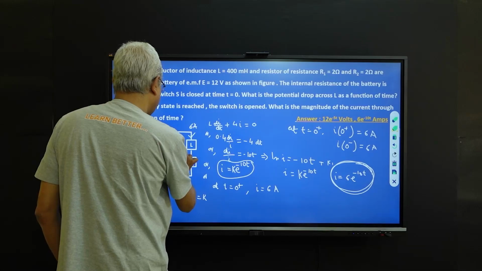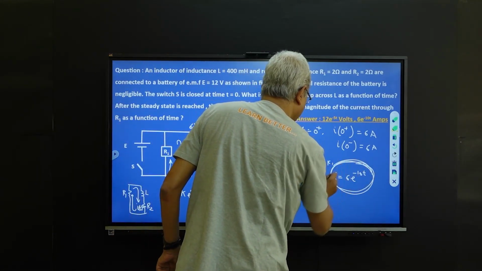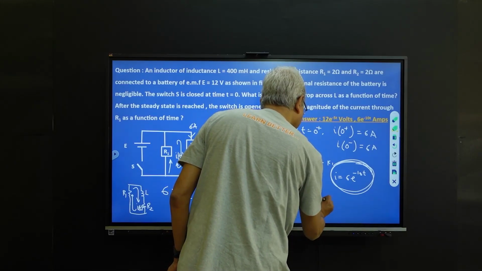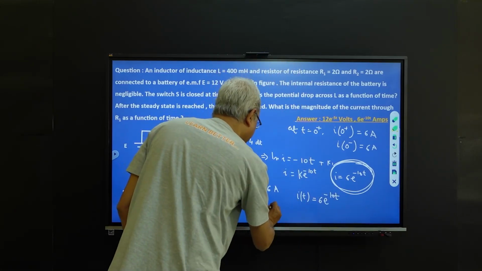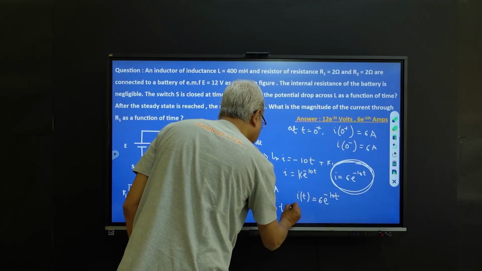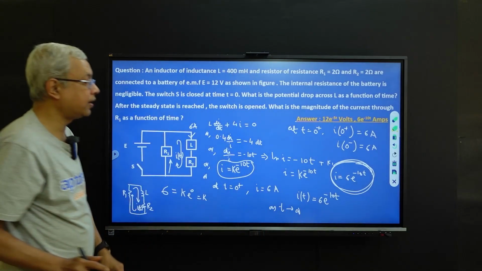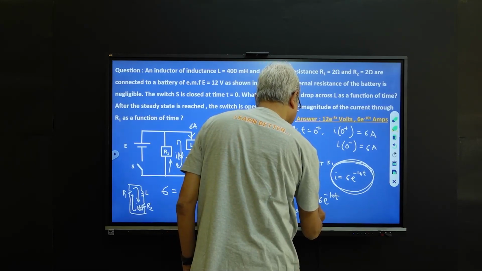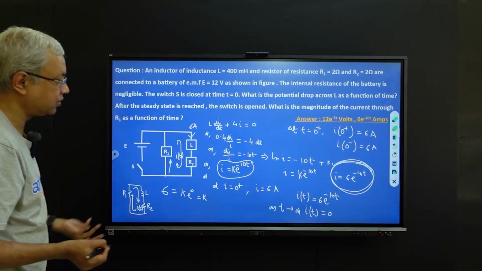This current IT is a function of time, and its expression we found: IT is equal to 6 e to the power minus 10t. As t approaches infinity, after switch off, if sufficient time has passed, IT becomes 0, because 6 e to the power minus infinity is 0.